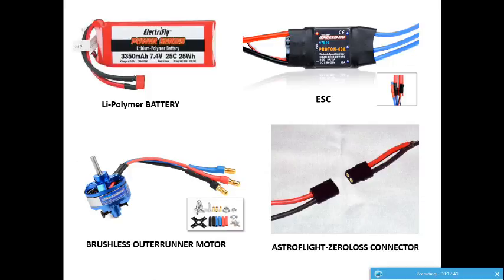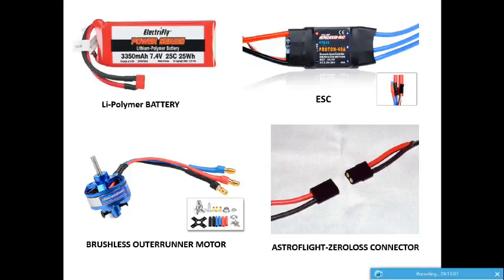The function of the electronic speed controller is to provide a 3-phase signal for the brushless motor, because unlike our usual DC or AC motor, a brushless motor doesn't have brushes to change the direction of flow of current to make it rotate continuously.